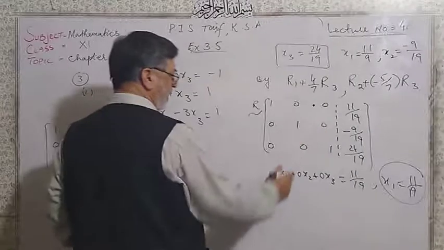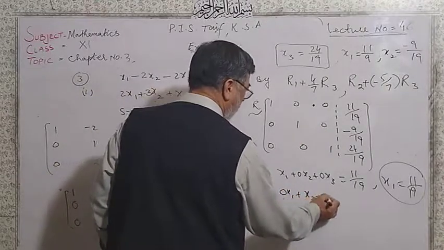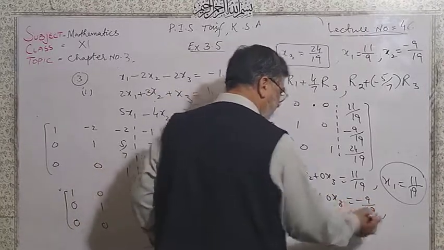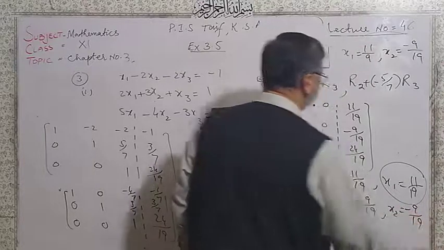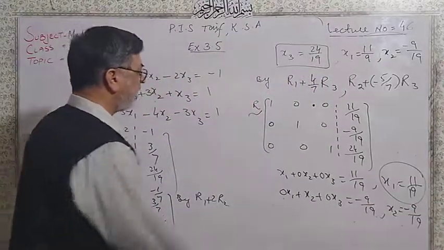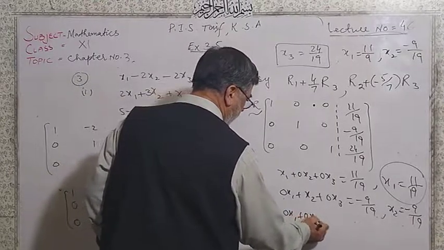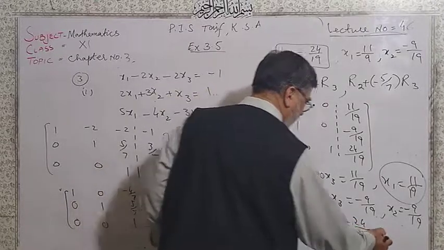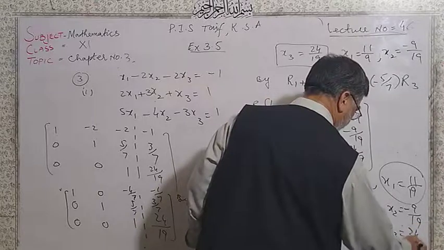What about the second one? 0x1 plus 1x2 plus 0x3 is equal to minus 9 over 19. You can check x2 is equal to minus 9 over 19. Similarly, the last one is 0x1 plus 0x2 plus 1x3, that is 24 over 19. So x3 is equal to 24 over 19.